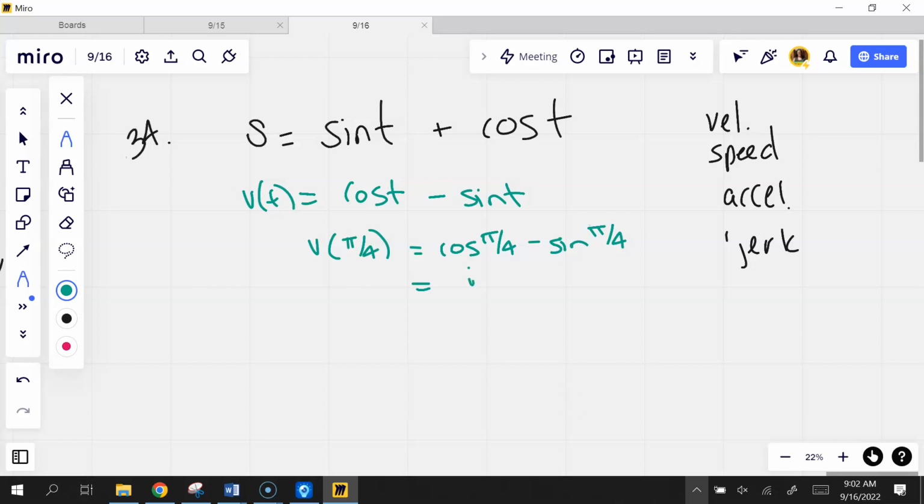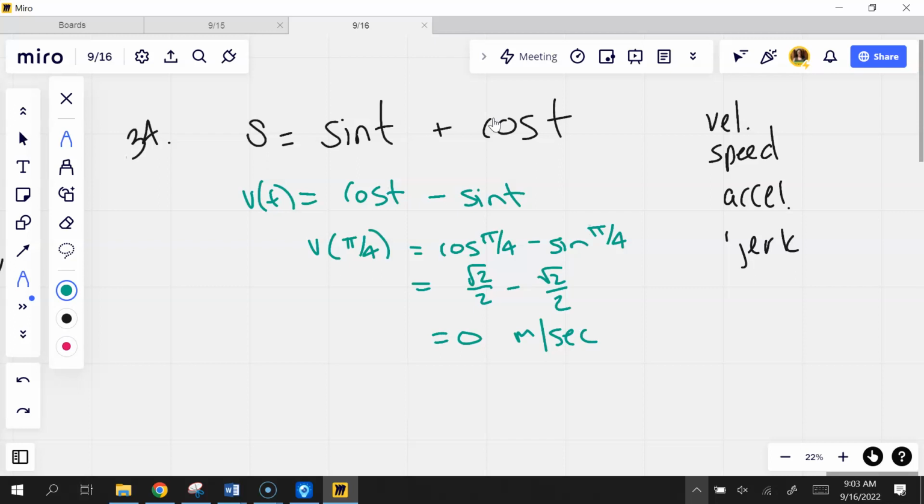They're both positive. The units are meters per second, just once, since we're on the first derivative. Just meters per second.